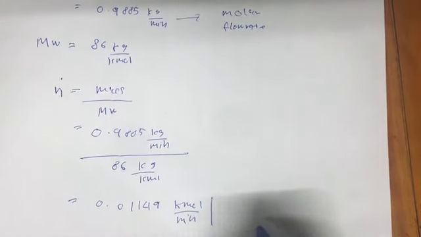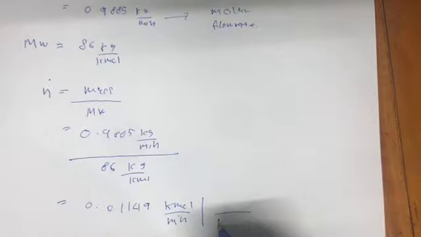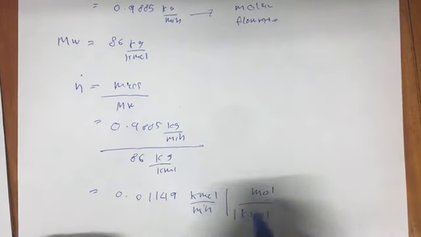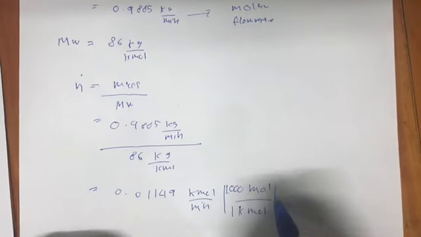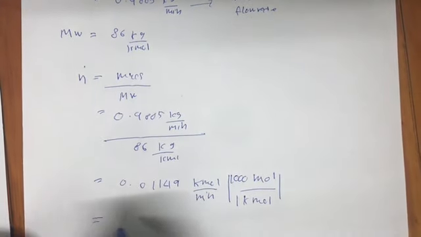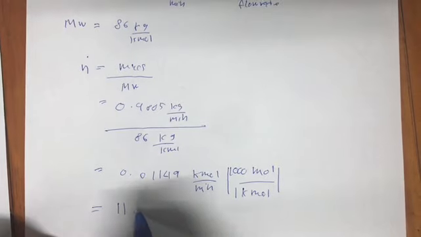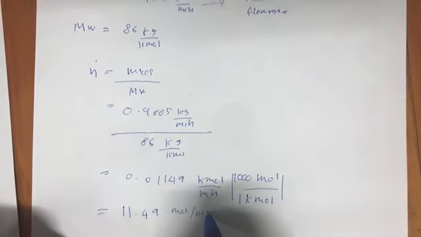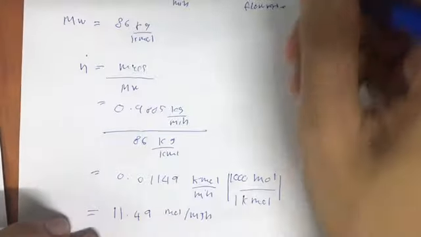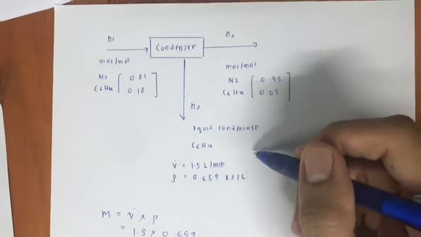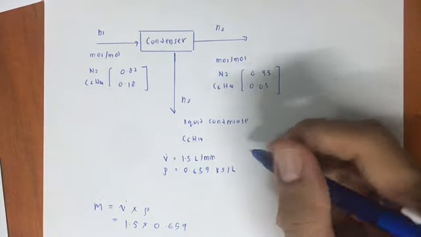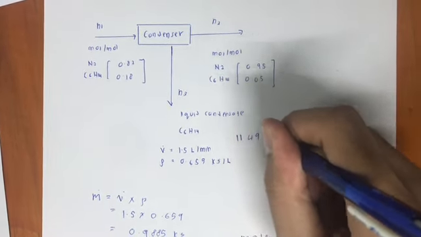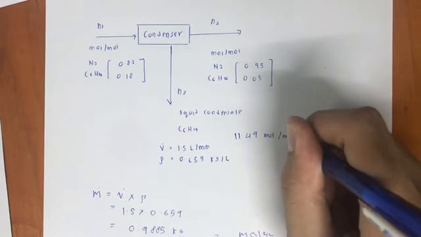So let's just convert this into mole per minute. 1 kmol is equal to 1000 mole, and the final answer here is 11.49 mole per minute. This means that the molar flow rate of the liquid condensate is 11.49 mole per minute.